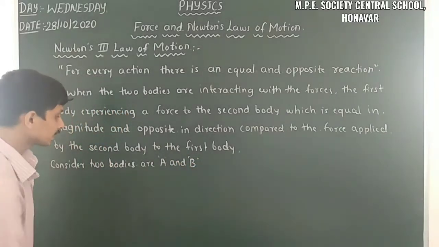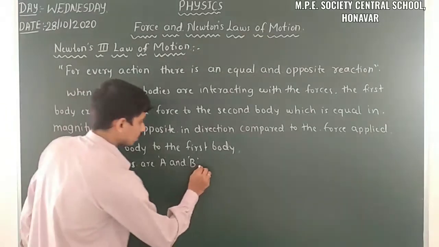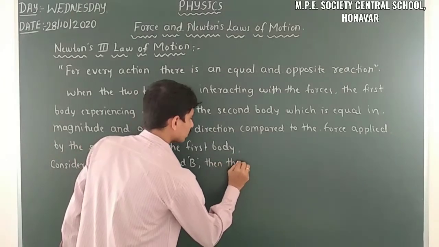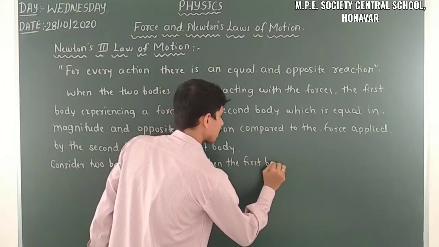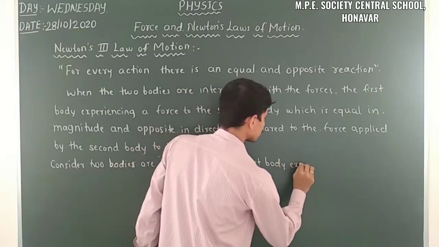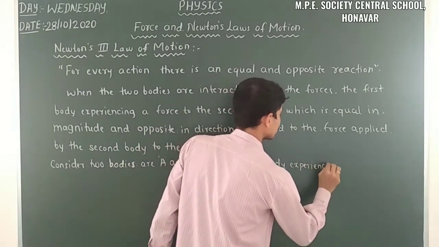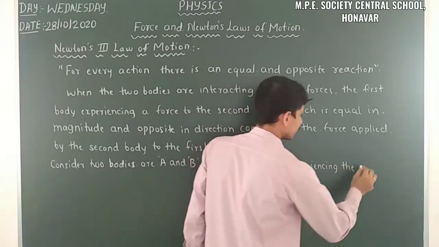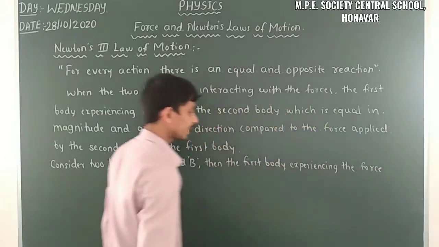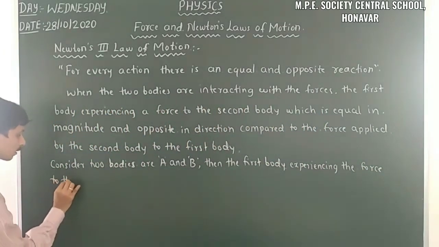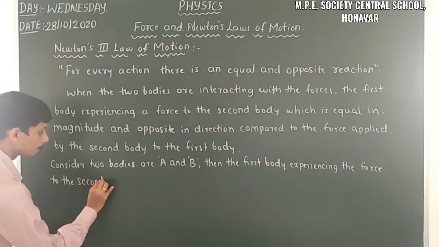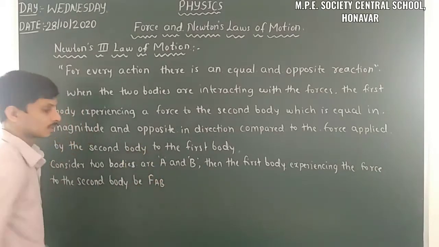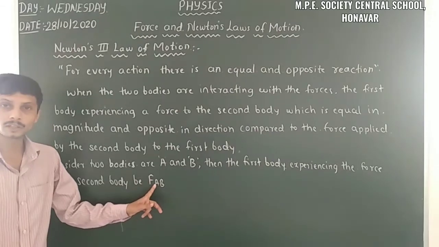So then what happens here? FAB, that means the force applied by the first body to the second body.